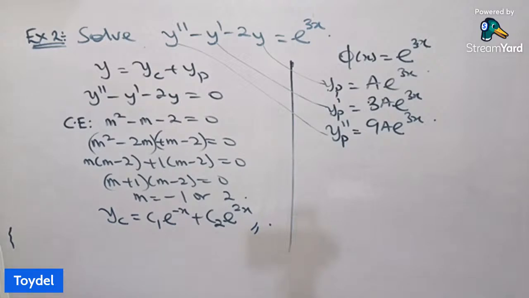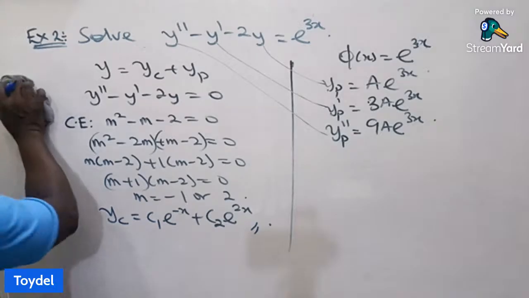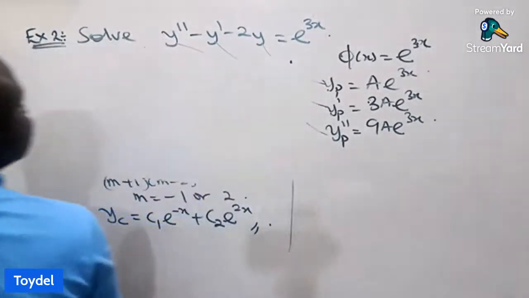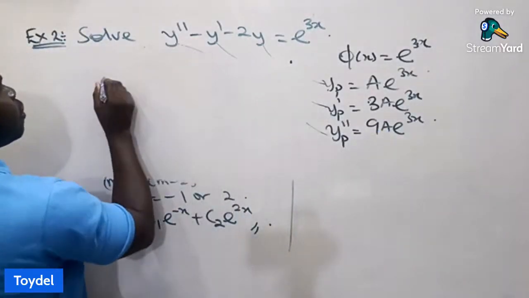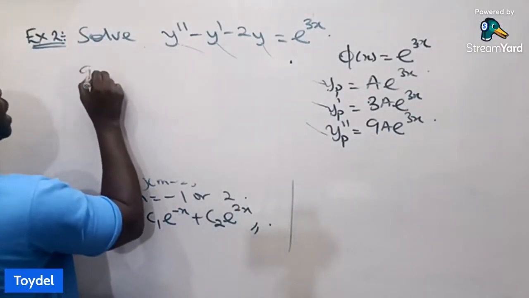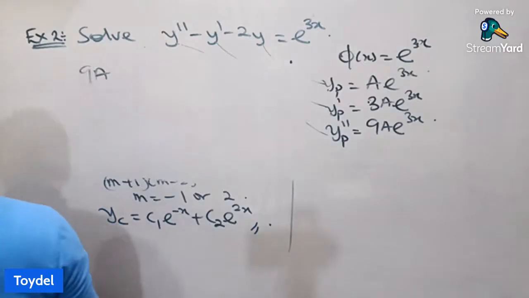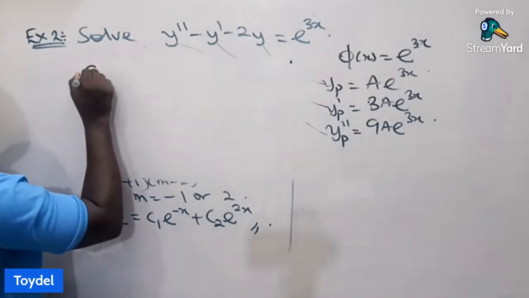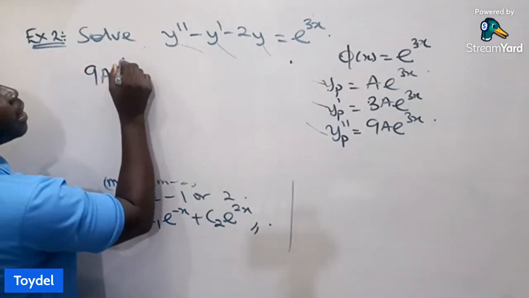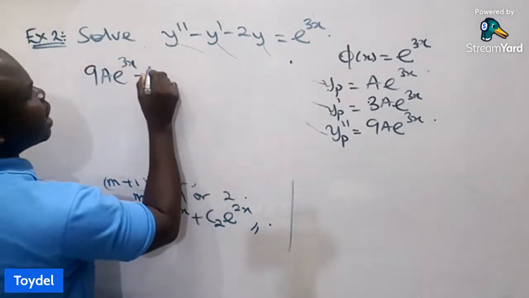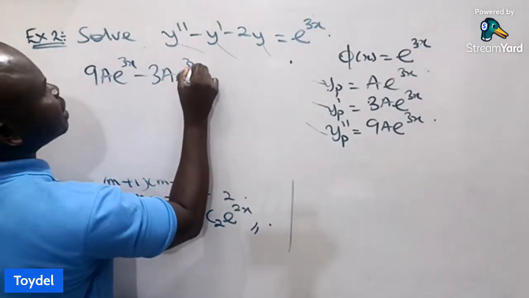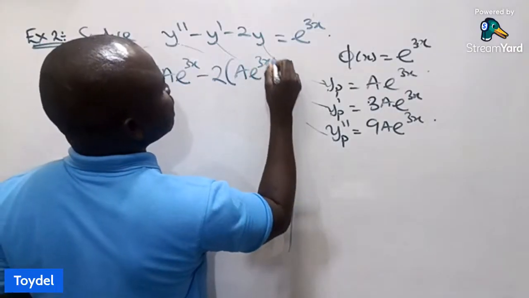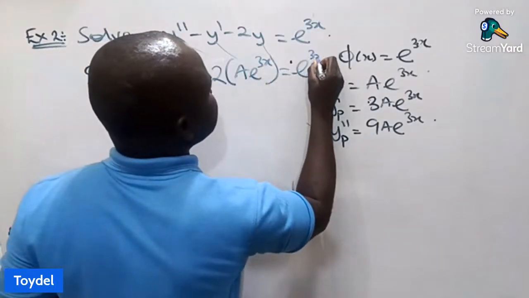Then we generalize. So what do we do here? We have gotten the value of the complementary solution. So what we want to do now is that we want to substitute for this value into this equation. Y prime prime will now be 9a exponential 3x minus the second one, 3a exponential 3x, minus 2 into brackets a exponential 3x, is equal to exponential 3x.